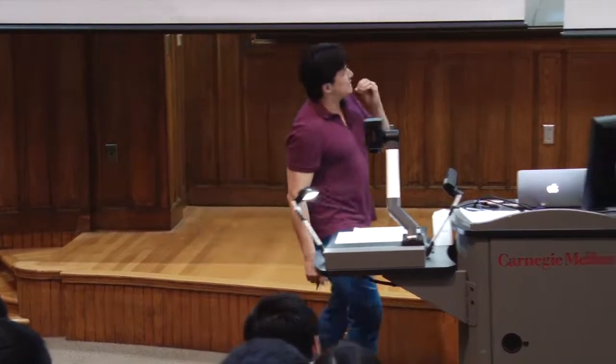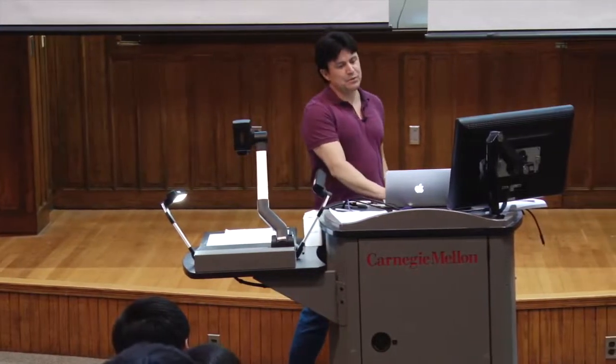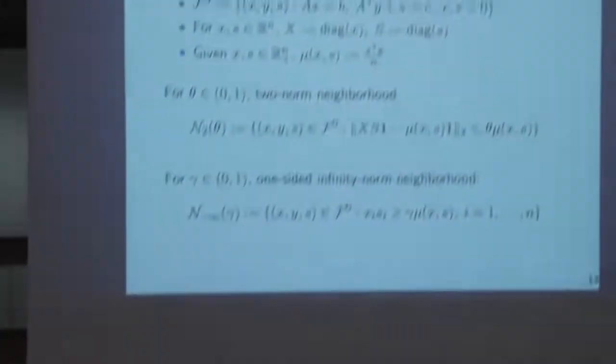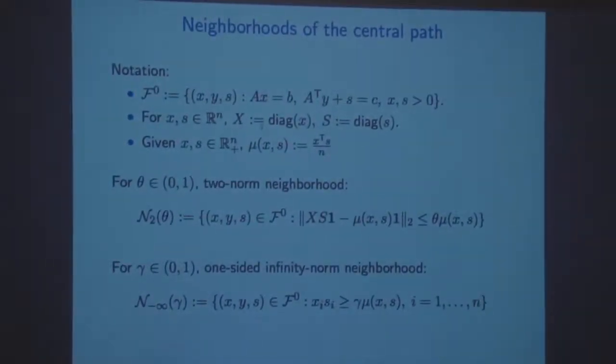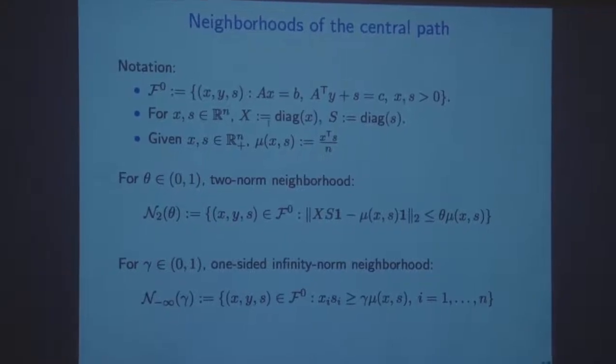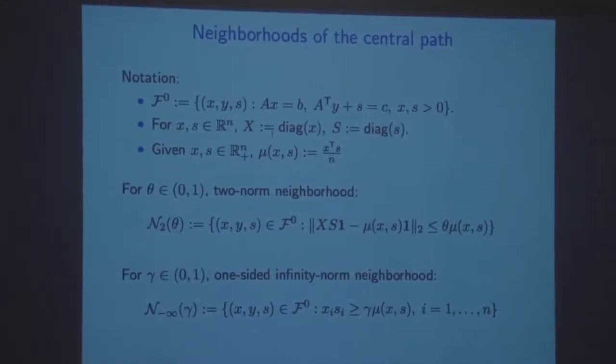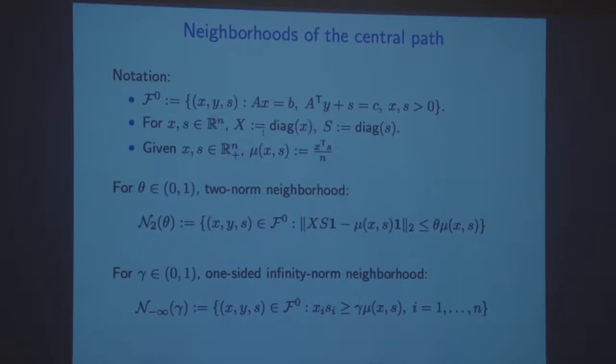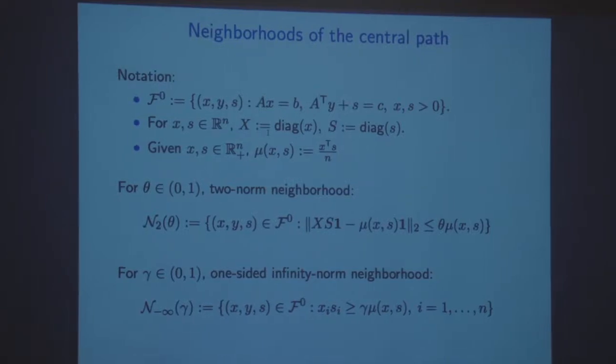Now, there is also this other piece of notation. When we have x and s in R^n, it's very standard when we talk about interior point methods for linear programming to write big X for the matrix that has x on the diagonal, and big S for the similar matrix that we build by taking the diagonal of little s. So this product here is just big X, big S times the vector 1.